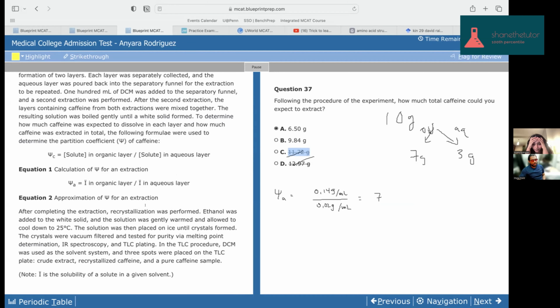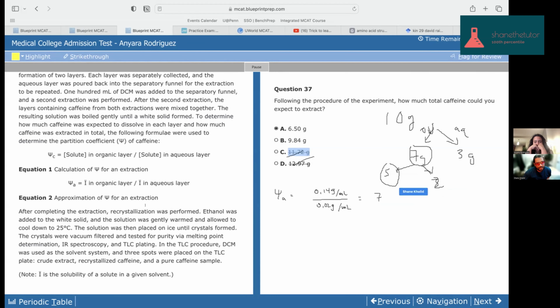So I think that will lead you to get something close to this 7 here. And then for the second extraction, you're going to separate that out. So you're going to get some value that's like, let's say, 5, and 2 here.